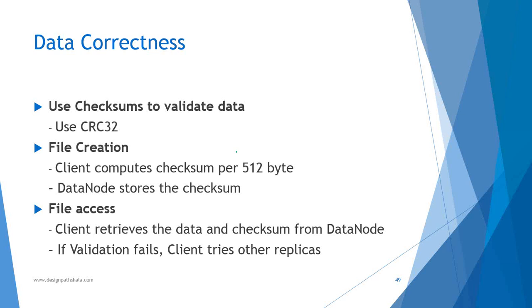At the back end, other threads keep on sending the checksum computation of the blocks lying on the data node, which helps the name node understand that the data on that data node is still perfect and fine.